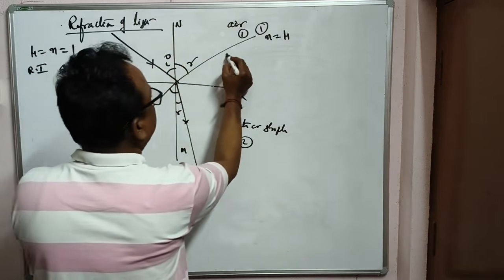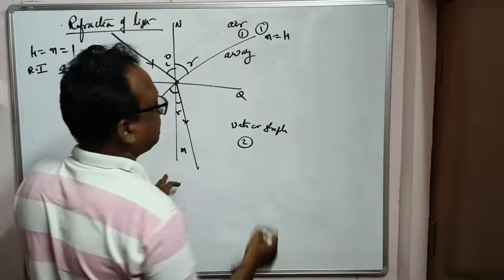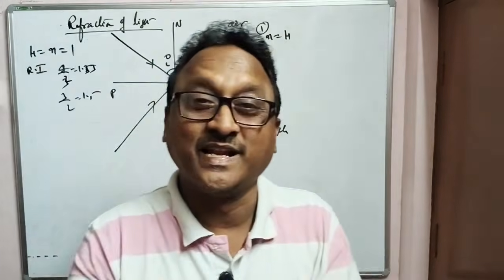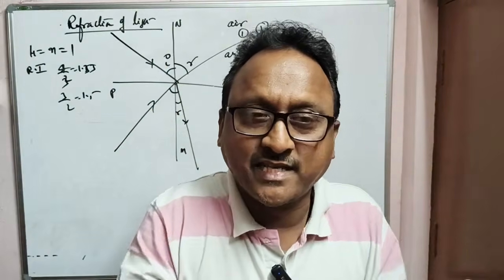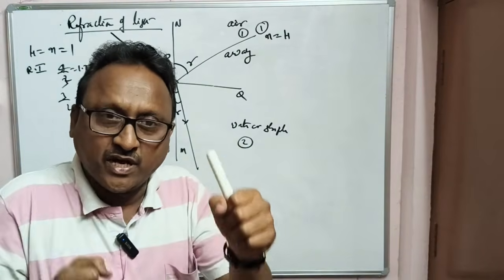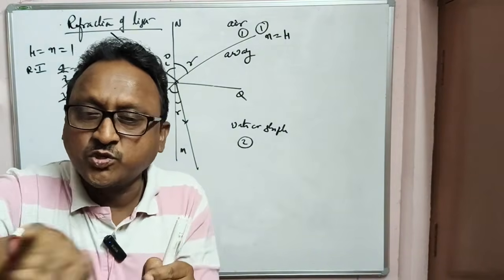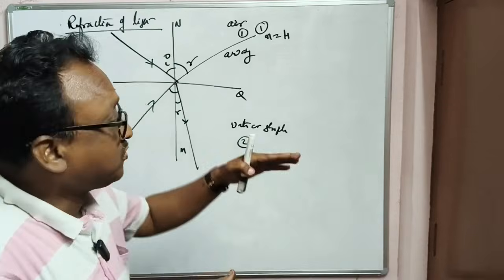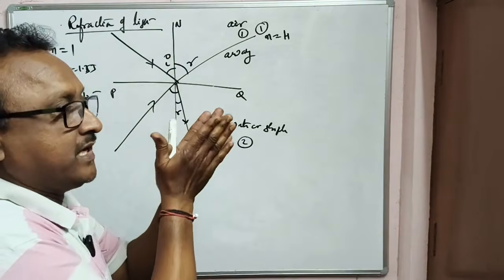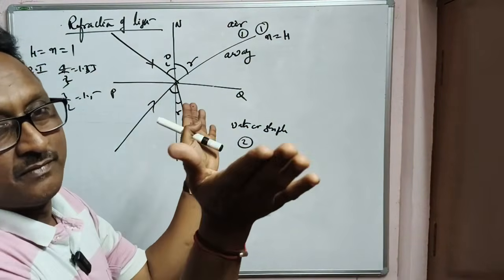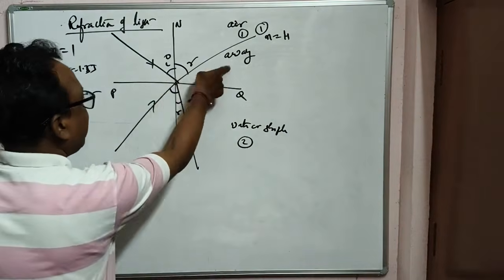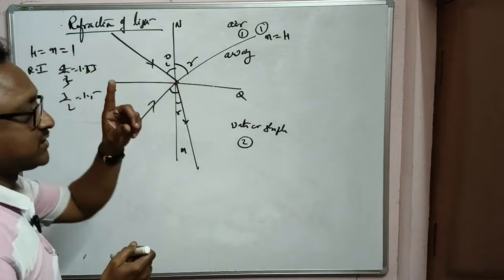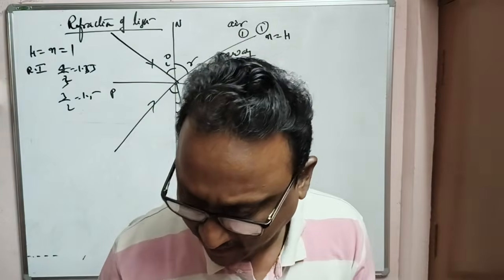This is the main meaning of optically more dense and optically less dense. In the more dense medium, because it is difficult for light rays to go, it bends towards the normal. When it goes to the lighter medium from the heavier medium, it goes away from the normal. Okay? So this is away and this is towards the normal. This all depends upon the mu value, the refractive index.